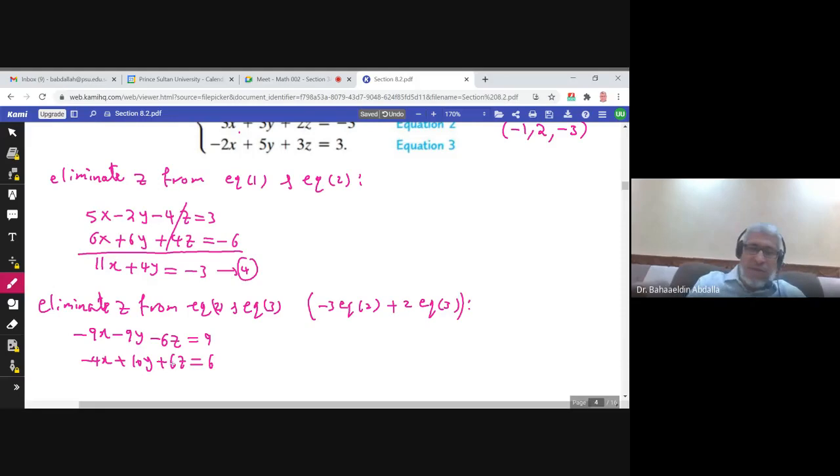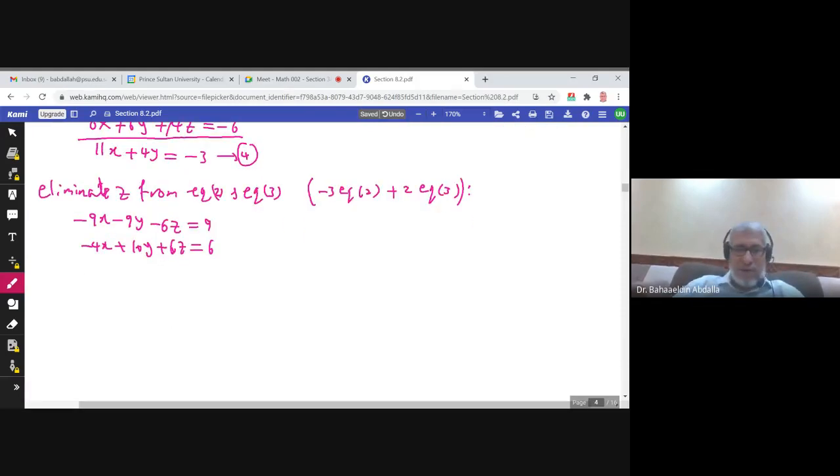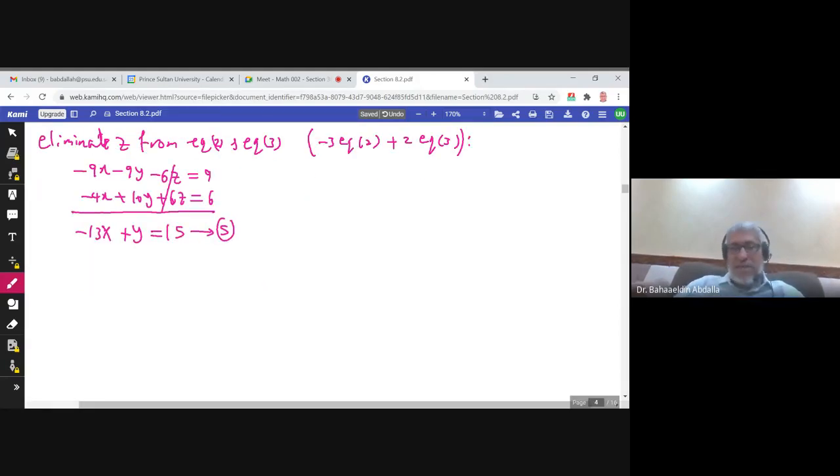I multiplied equation 3 by 2. Now, if I add, I will have -13x, and 10 minus 9 is 1. 6 minus 6 would be cancelled. I will have 15 here. Now this is equation 5. So this is the second step.